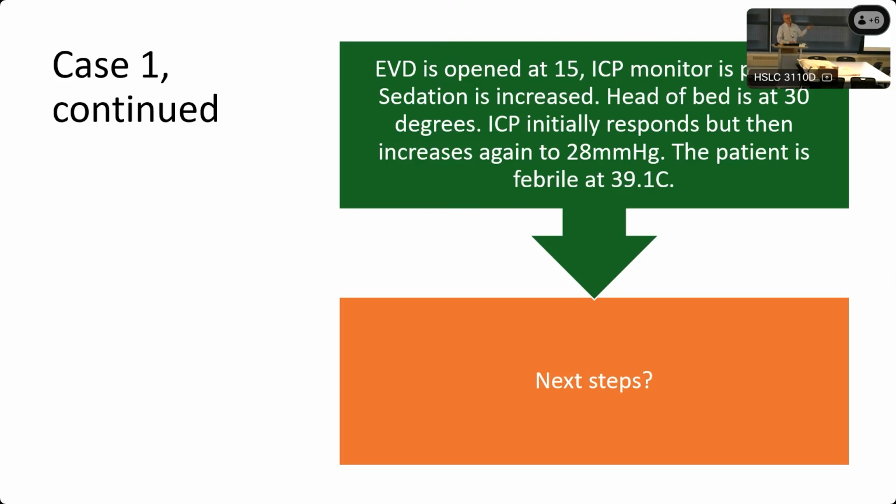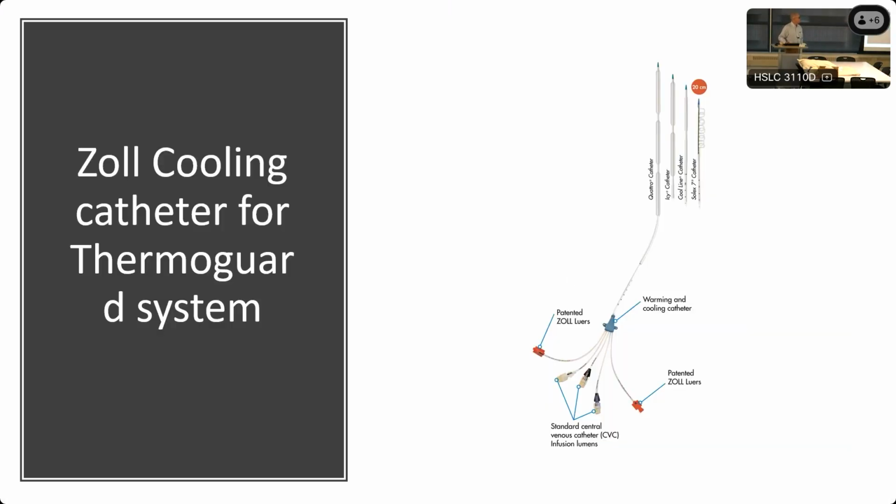We're giving Tylenol. He's been getting scheduled Tylenol. Yes, so we could do the hypertonic 23.4, drain with the EVD, but in patients that are febrile and having ICP issues and not responding to cooling blankets, you can consider placing a femoral IC cath or Zoll catheter to allow us to control temperature.